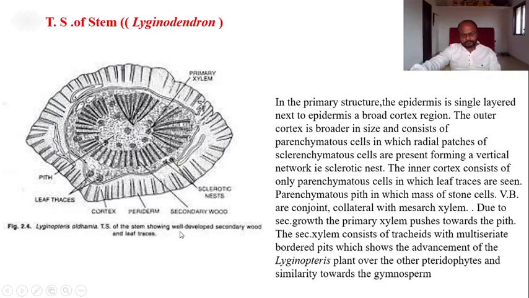The secondary xylem consists of tracheids with multiseriate bordered pits. This is the characteristic of the stem of Lyginopteris or Lyginodendron, and it shows an advanced character. That means multiseriate bordered pitting is the advanced character of this Lyginopteris.